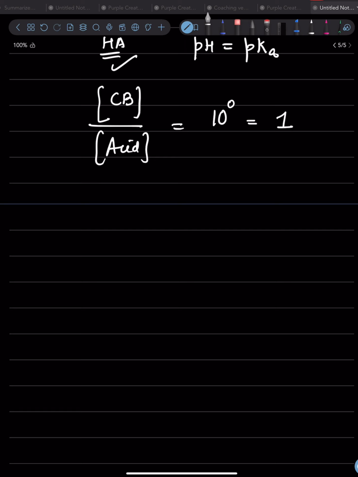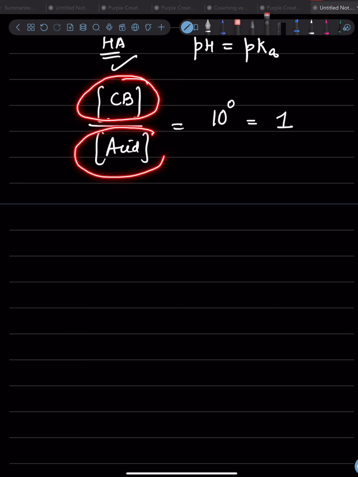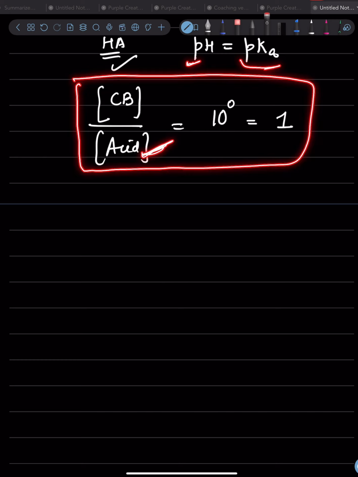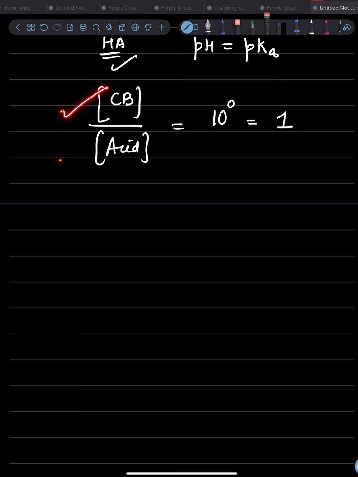It means that when the pH of a solution is equal to the pKa of that acid, then that particular acid is existing 50% as its conjugate base and 50% as its acid. So a 1:1 ratio. Fine. I repeat, when the pH of the solution is the same as the pKa of that acid, the ratio of conjugate base to acid is 1, which means that particular acid is existing 50% as acid and 50% as base.